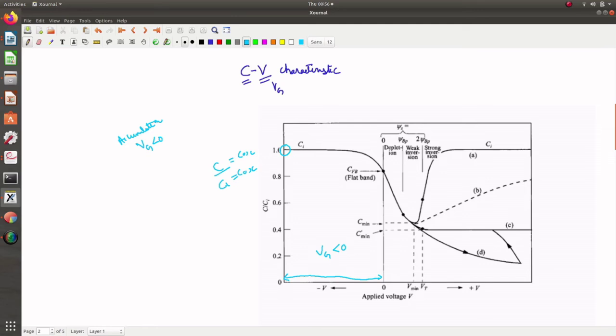So as we move towards 0, this is moving down because there is another capacitance coming parallel to it.